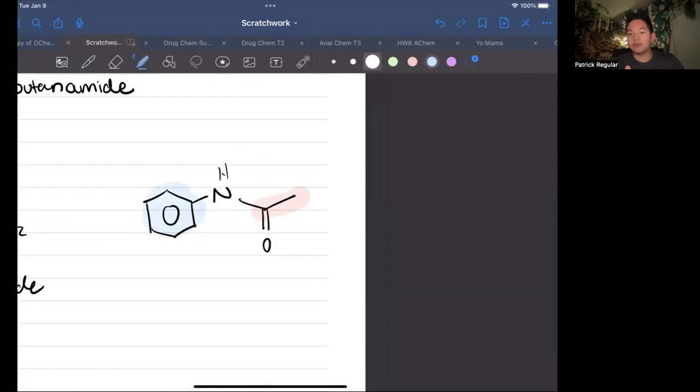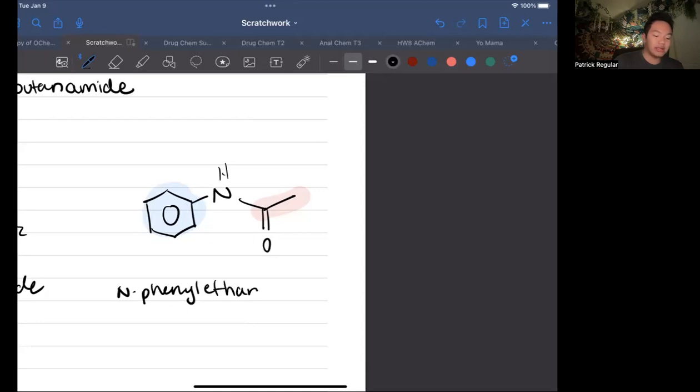It's a phenyl group. So would I say phenyl ethanamide? No. We're not naming esters, we're naming amides. There is no space. It would be N-phenyl ethane amide, but you drop the E, so it's N-phenylethanamide.